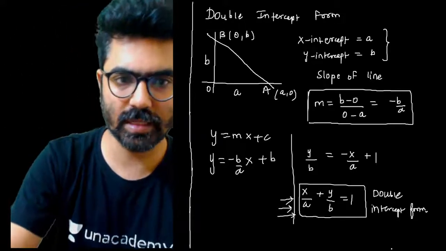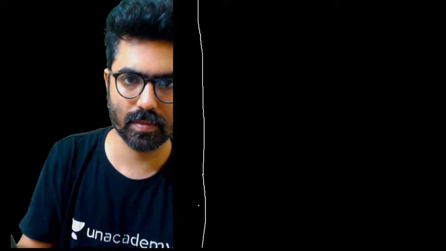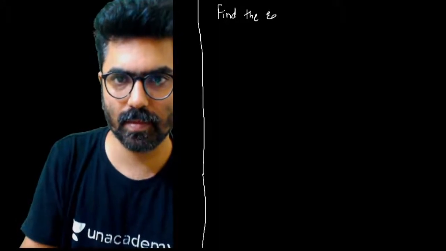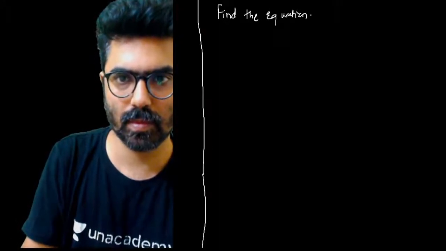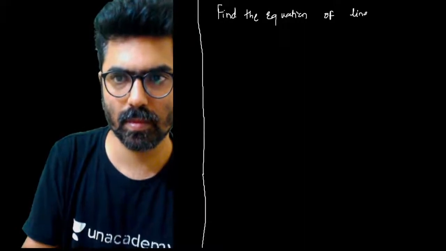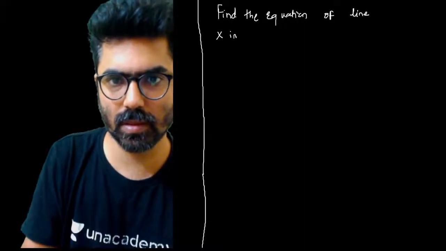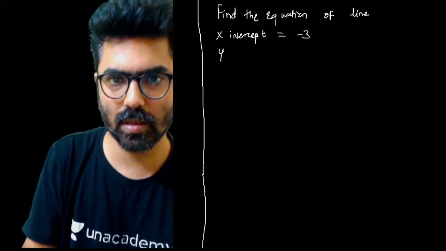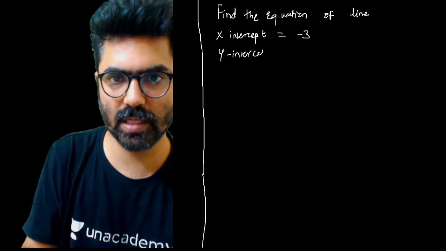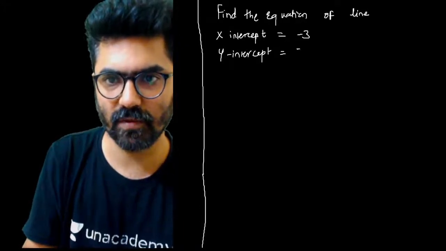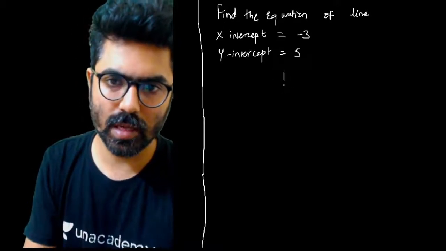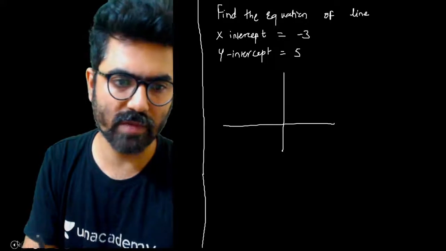Okay, let's take an example on this. Find the equation of line whose x intercept is minus 3 and y intercept is 5. Okay, simple. They have given x intercept as minus 3 and y intercept as 5. So the line will be something like this.